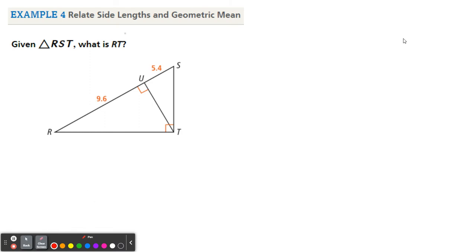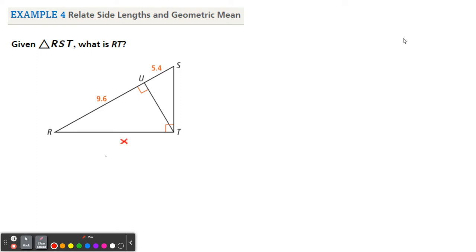Okay, so here we go. It says, what is RT? This one does not involve UT. The theorem I just used was referring to example 3, so I apologize for stopping the video a little short. We're not going to use UT here. So we have to find out what RT is.